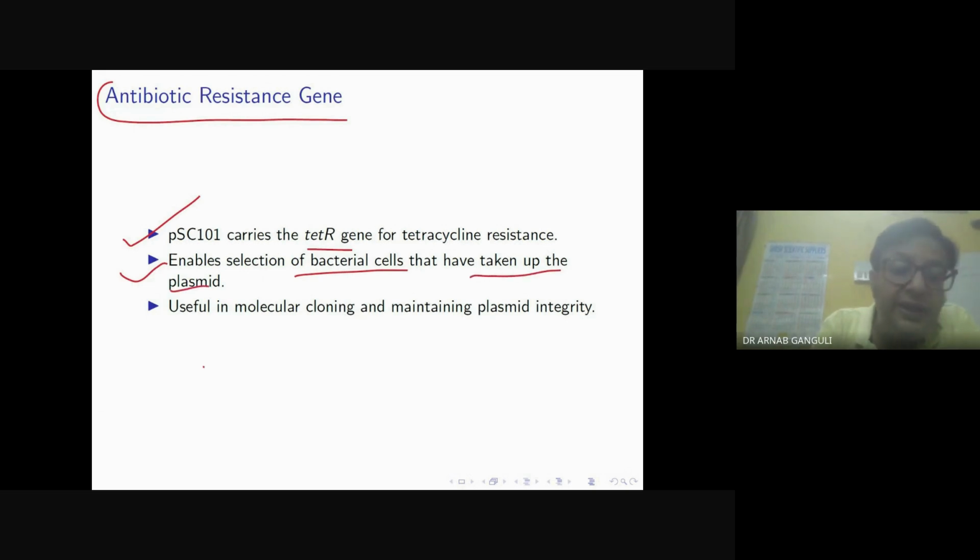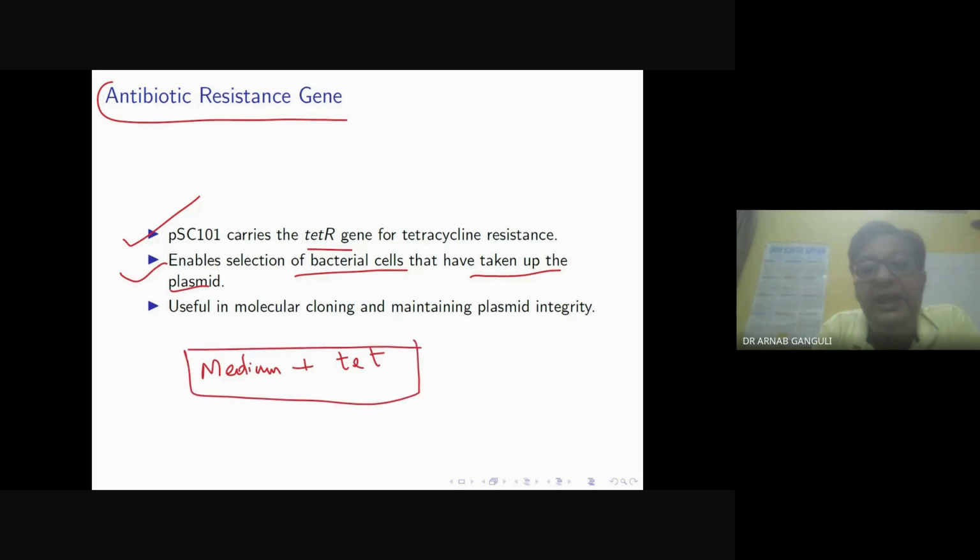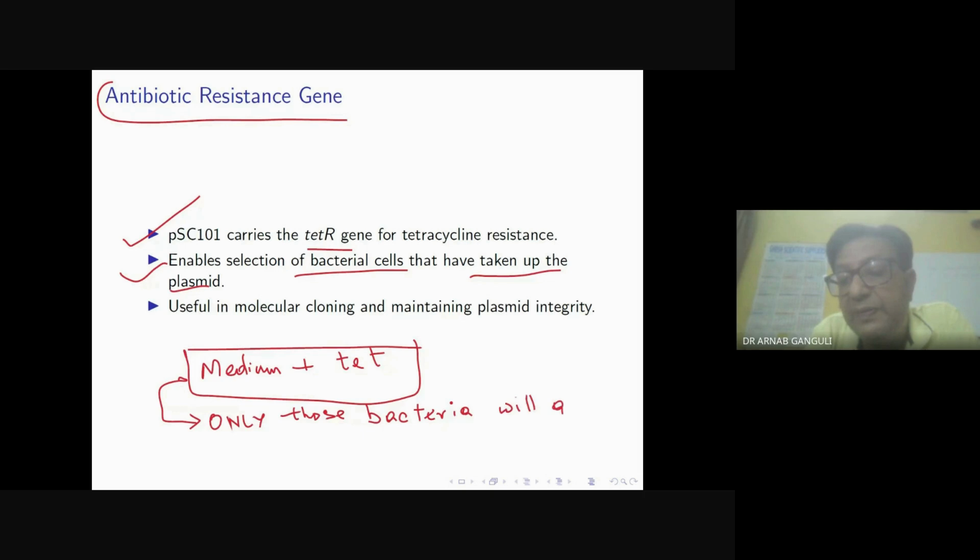So in the medium plus tetracycline, only those bacteria which have taken the tetracycline resistant plasmid will grow.